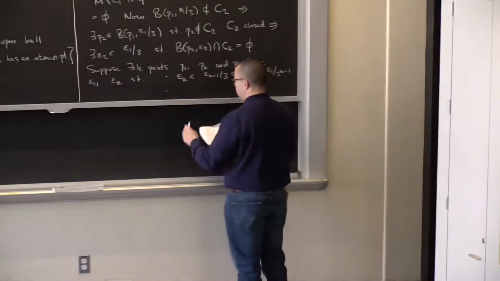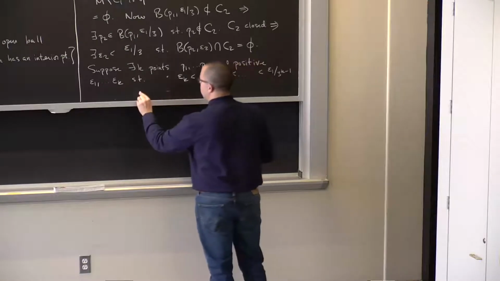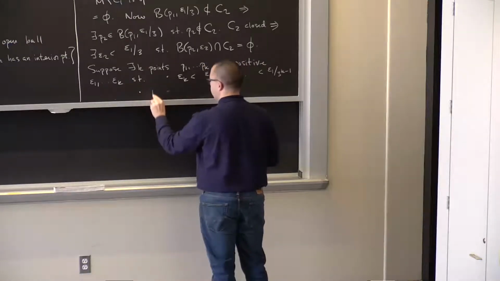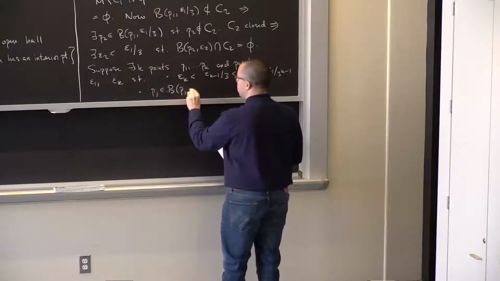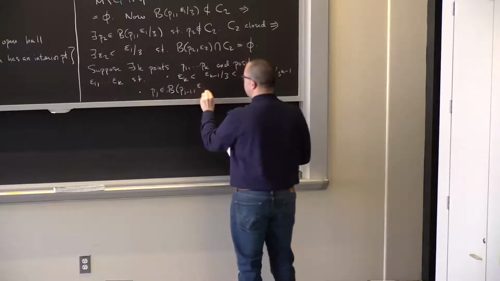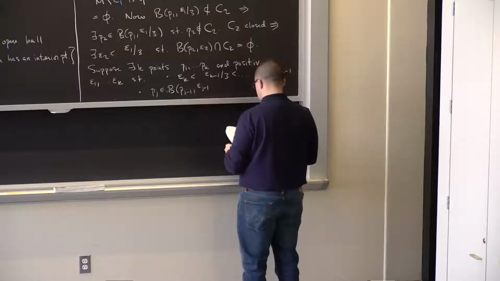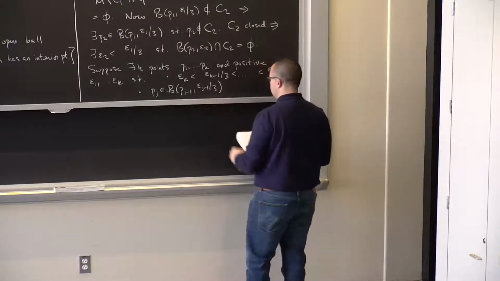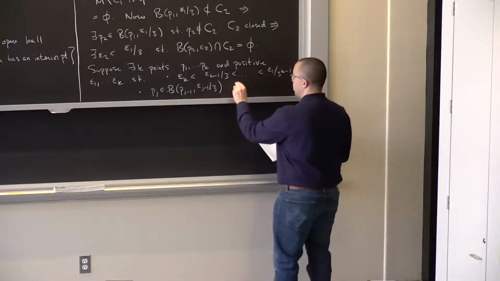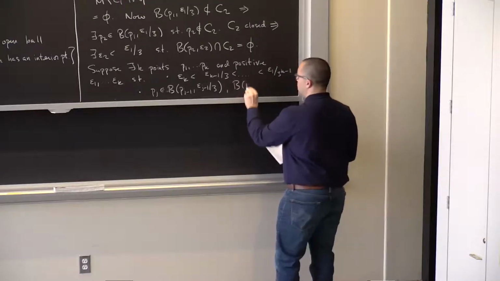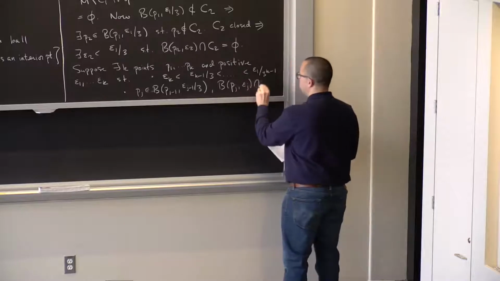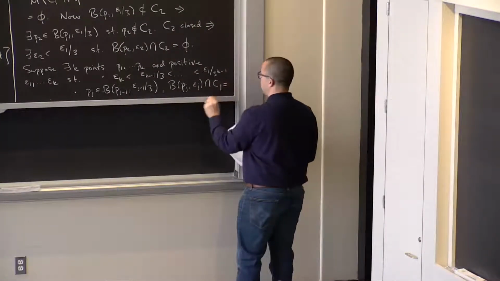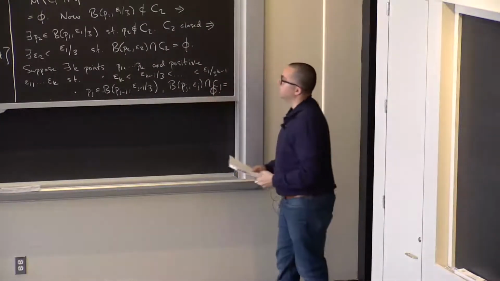And Pj satisfy: Pj is in the ball centered at Pj minus 1 of radius epsilon j minus 1 over 3. And the ball centered at Pj of radius epsilon j intersects Cj equals the empty set. Okay?